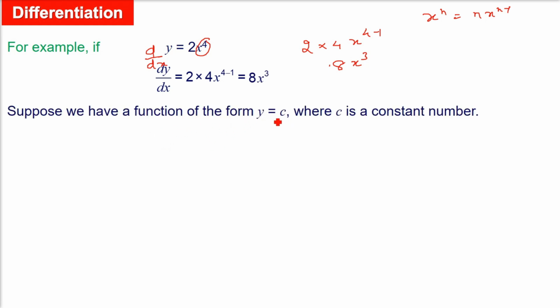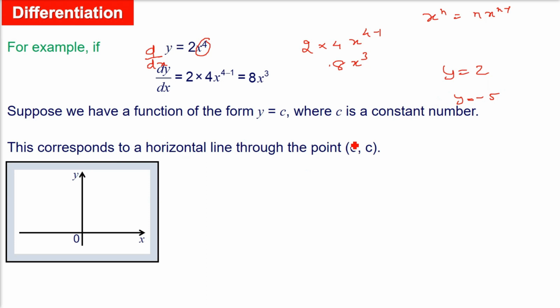Now there is a very peculiar case, a constant value. For example, y equals 2, y equals c, y equals minus 5. If you go to coordinate geometry, the Cartesian coordinate system, you will see that y equals c means a line which is parallel to the x-axis.